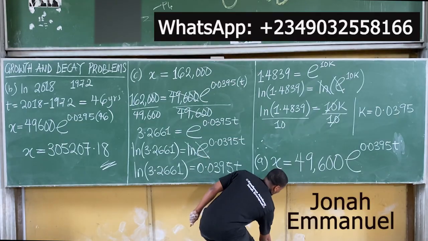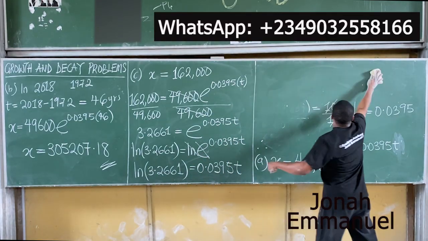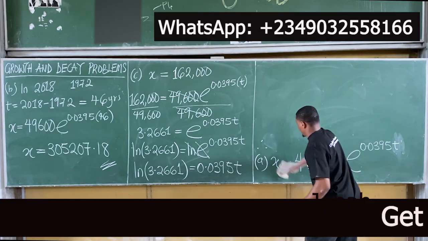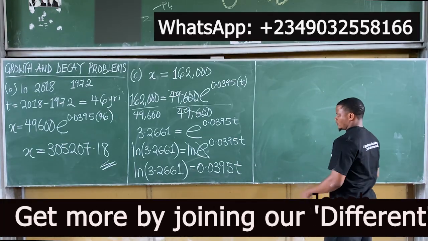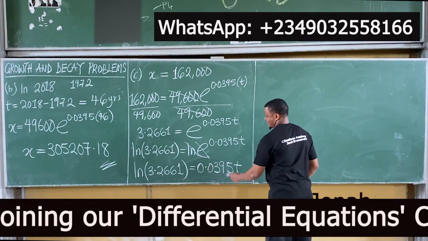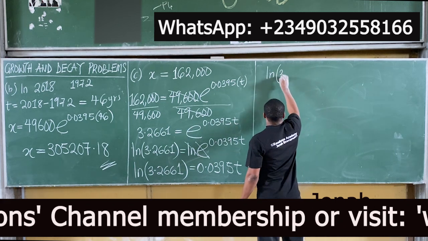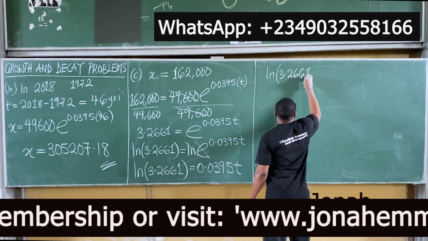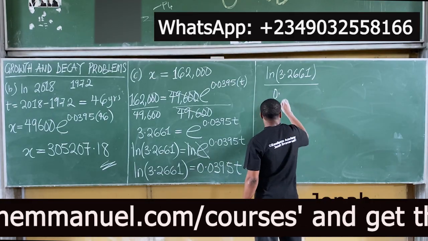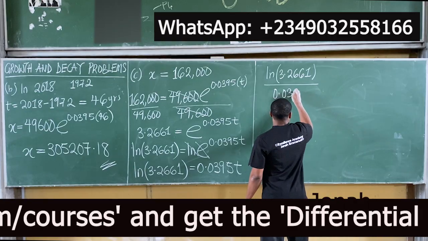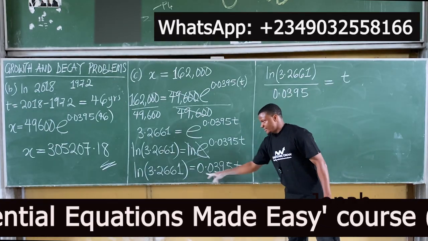Let's get t. To get t, divide both sides by this. So I have ln 3.2661 all over 0.0395 is equal to t, right? That's what you do.